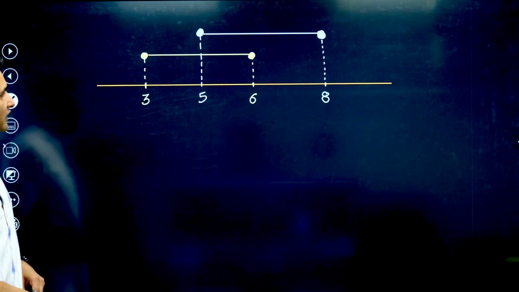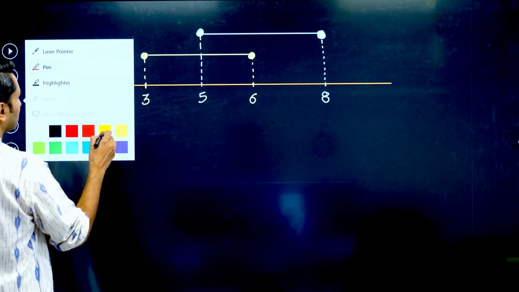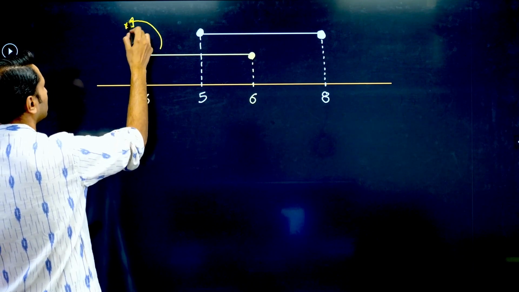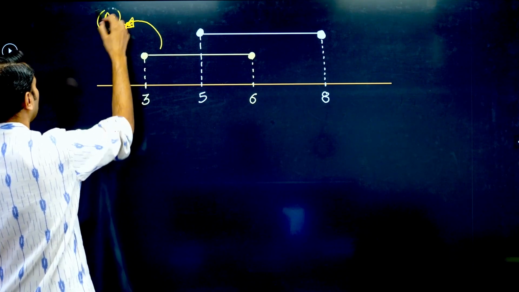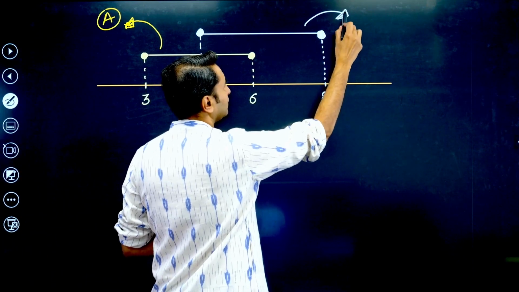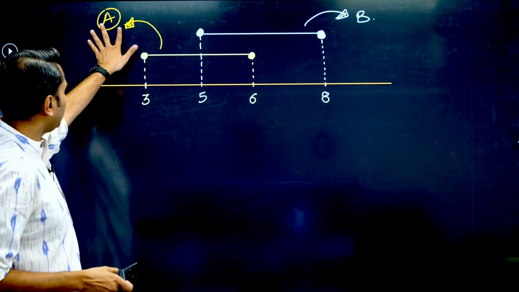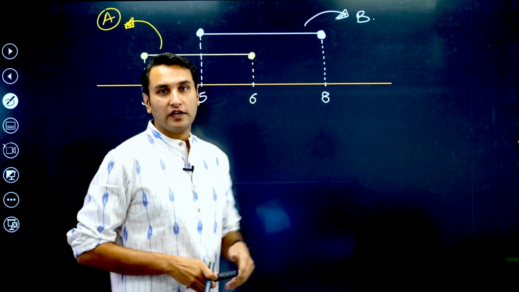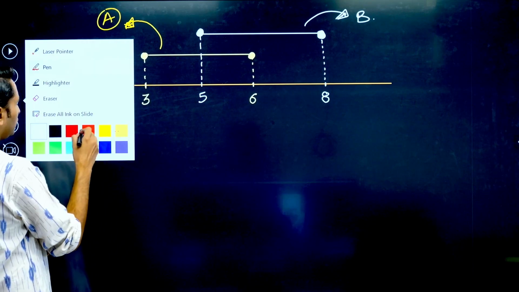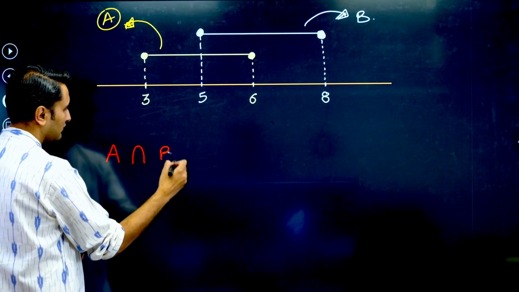So can you tell me the intersection between these two? Say this is set A, right, and say this is B, the other portion. We represent any portion as a set or an interval, right? So interval A, interval B. My question to you is, what is A intersection B?